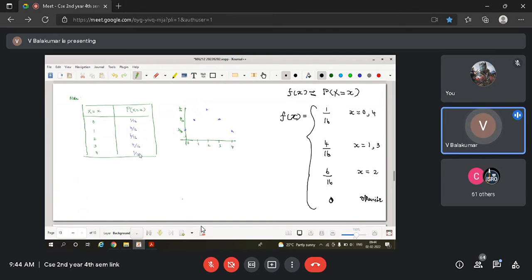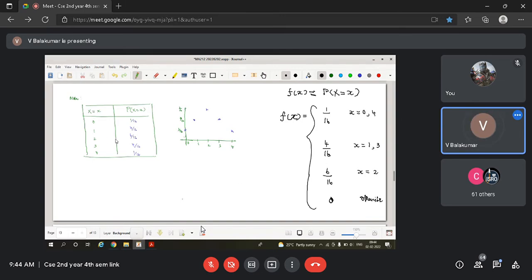This is my second observation. Third observation, this probability and my function at a particular small x value are the same, they are not different. These three properties I observe. If some function is satisfying these three properties, that I call a probability function.